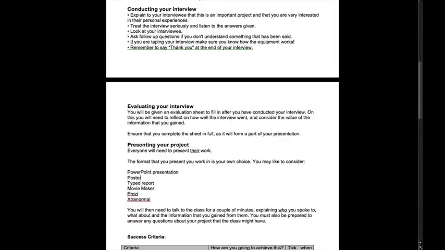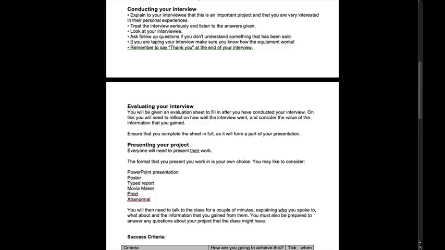Conducting your interview. Explain to your interviewee that this is an important project and that you are very interested in their personal experiences. Treat the interview seriously and improve your interview practice and your interview skills by clearly and attentively listening to the answers that are given. Be aware that you need to make eye contact and look at your interviewee.